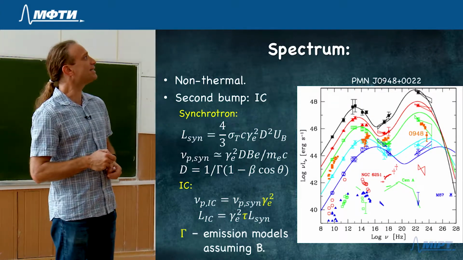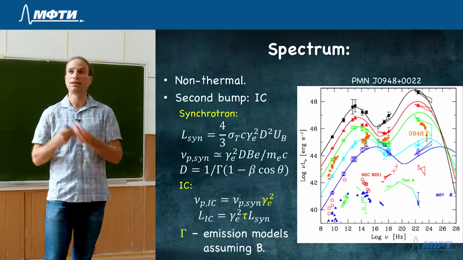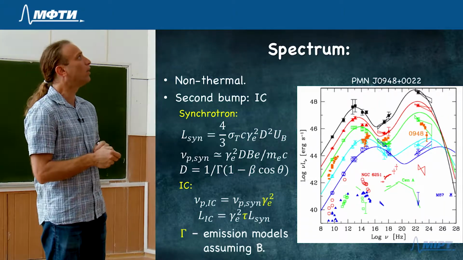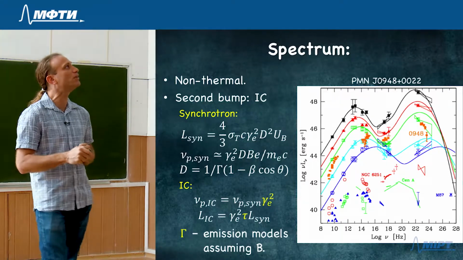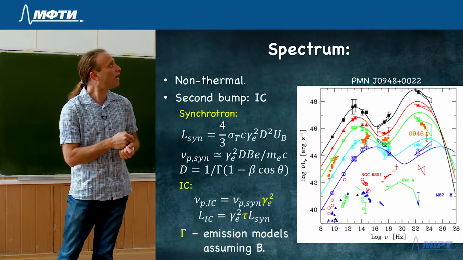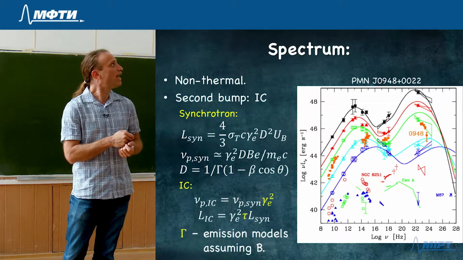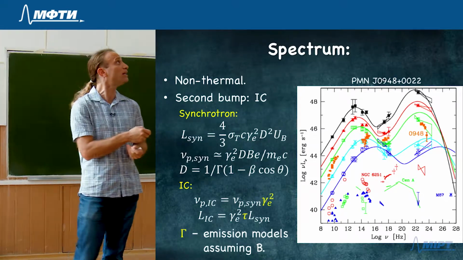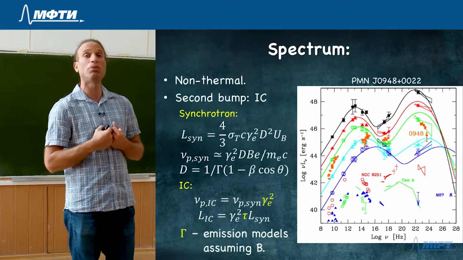And the last thing: if I want to know the Doppler factor or the bulk motion of the flow, I need to apply some model on the emission. Over here, I already know what gamma of the electron is. I need to assume something about the magnetic field, and this immediately will give me the Doppler factor.